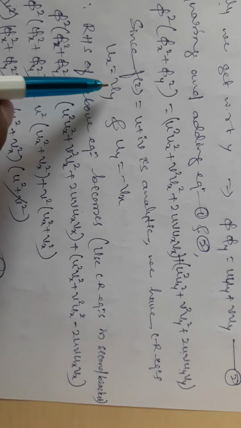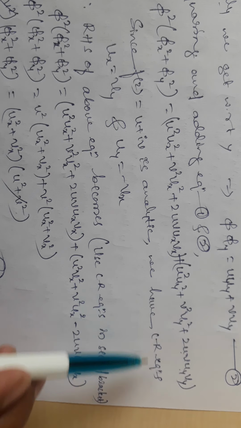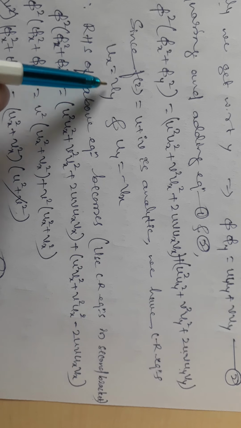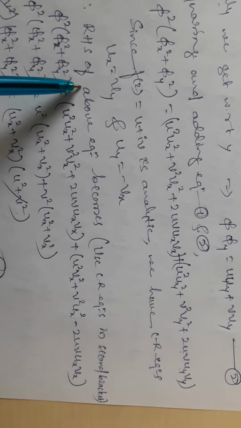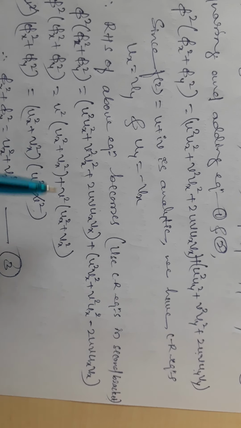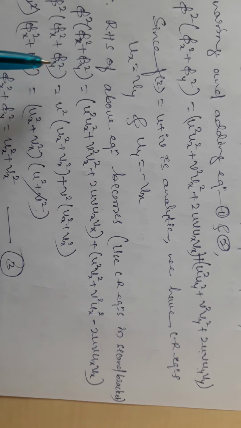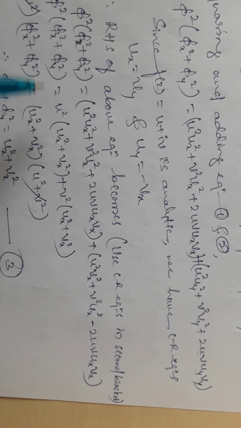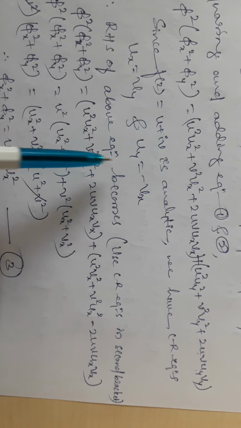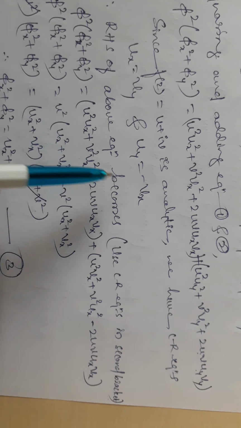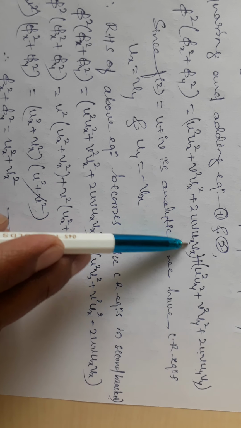But f of z is analytic. We have CR equations ux equal to vy and uy equal to minus vx. Therefore RHS of the above equation becomes, we use the CR equations only in the second part, keeping LHS as it is, and keep the first term u square ux square plus v square vx square plus 2 ux into vx.